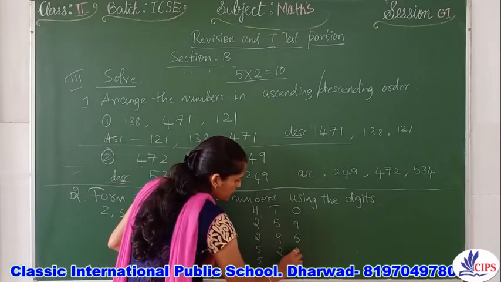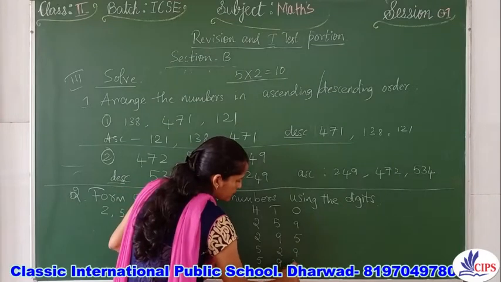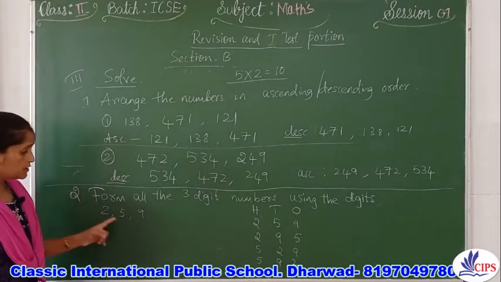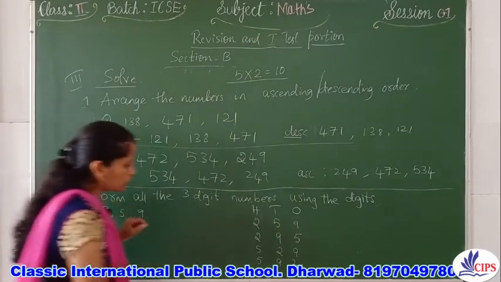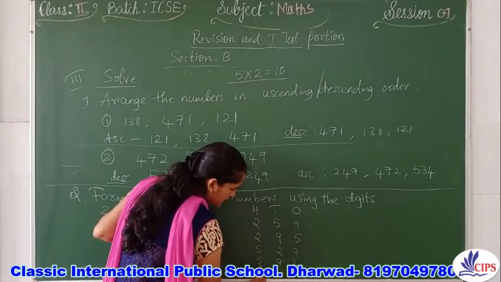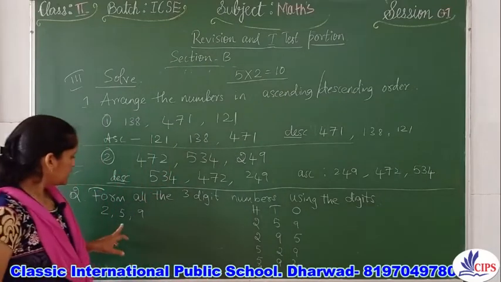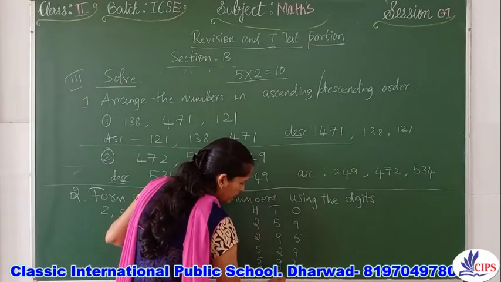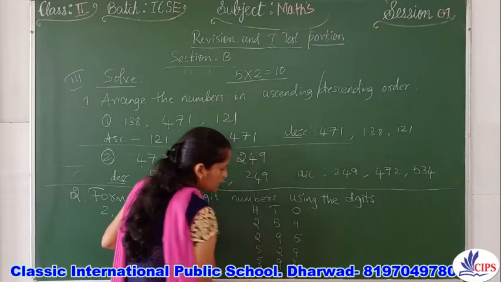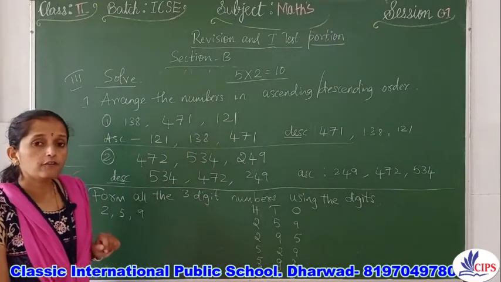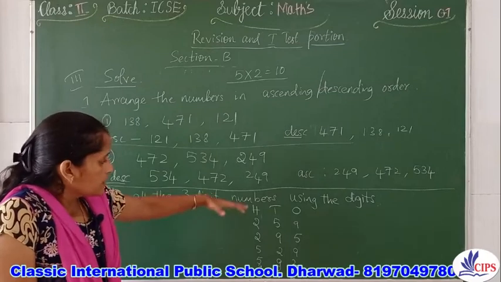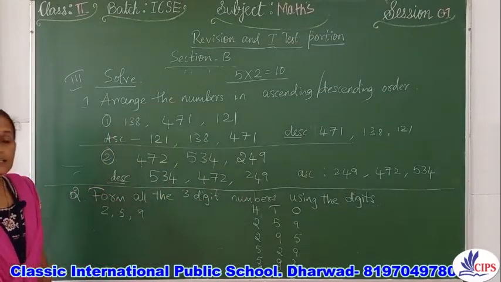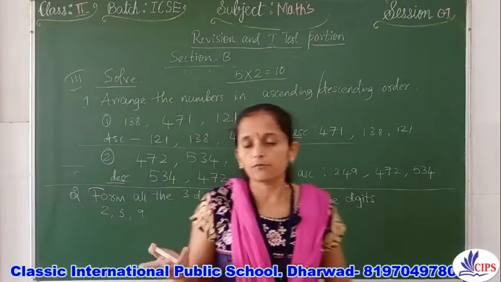I'll write 2, 9 and reverse way 9, 2. See, we got 4 numbers. One more number is left. That also we must write 2 times, 9 and 9, and the left out numbers 2, 5 and 5, 2. You can refer to your notes also. See, these are the only possible 6 numbers that are 3-digit numbers from the given numbers.